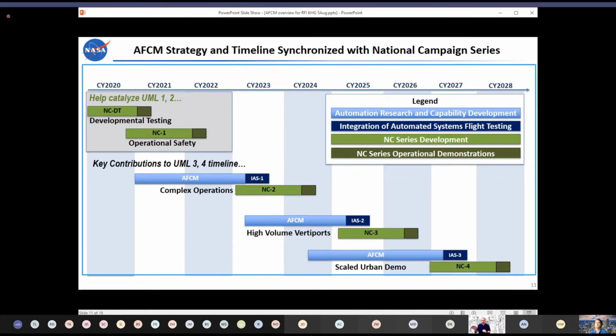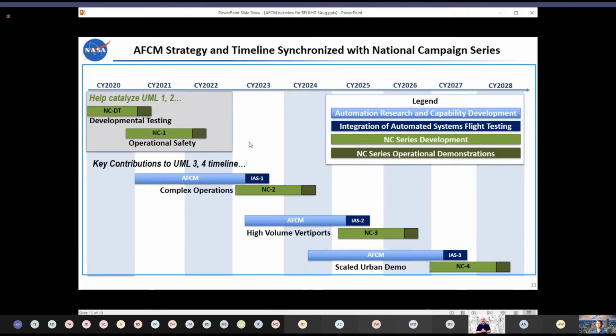So those national campaign events nominally occur every other year. They're complemented by what we call integration of automated systems flight testings, which occur in the between years. So it's easy for me to keep this mentally by remembering the NC events are even years, the IASs are odd years.